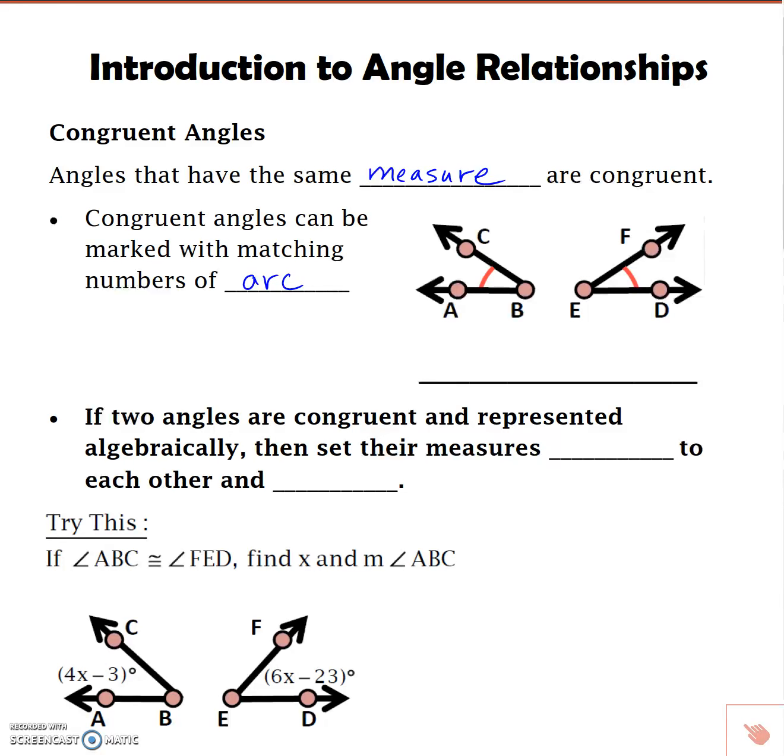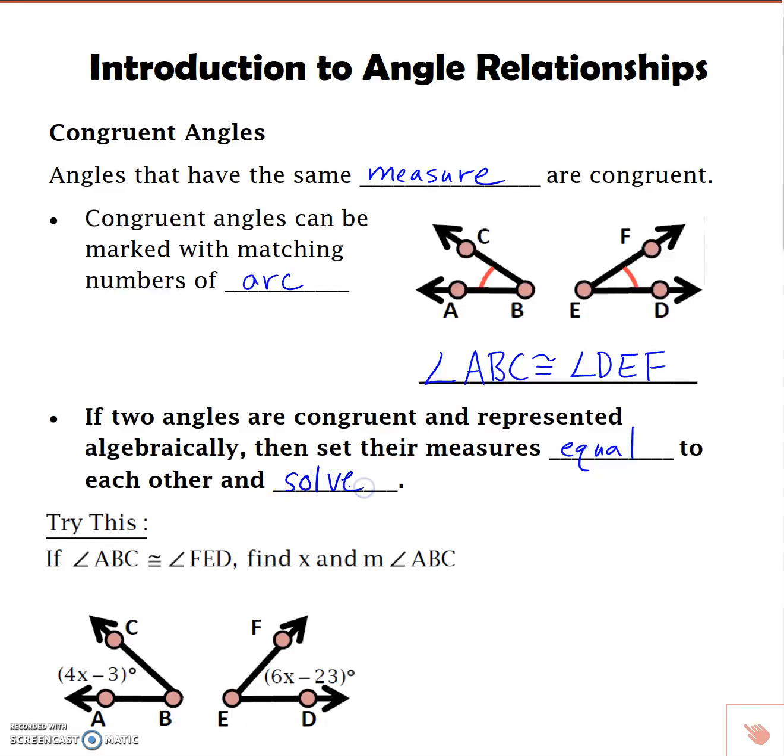And we could write a congruency statement from that and say that angle ABC is congruent to angle DEF. And remember, when we name angles, the vertex is always in the middle. So B is our vertex, E is our vertex. If two angles are congruent and represented algebraically, then we're going to set their measures equal to each other and solve.